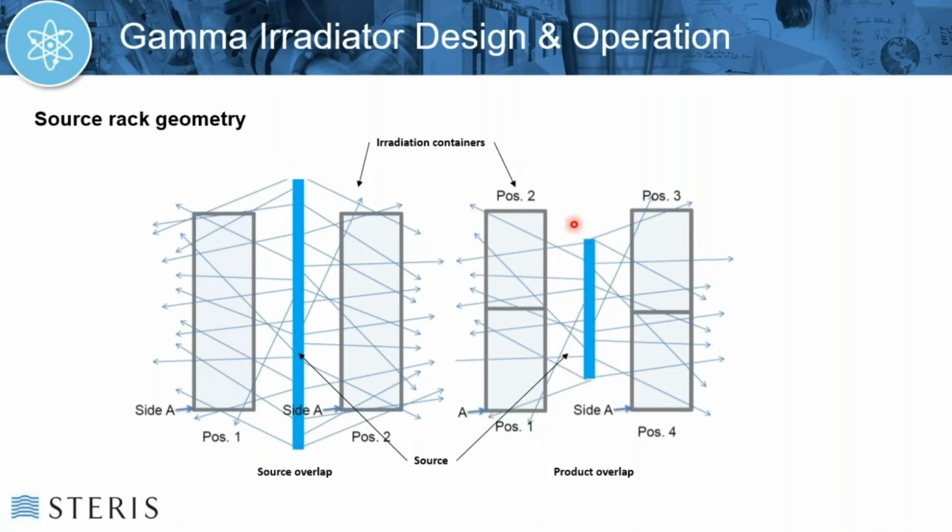Whereas a product overlap irradiator has more passes around the irradiator. It has to go through each of these 4 levels or sides, whereas on this one, it would only have to go through 2. But then you're making more efficient use of your cobalt because you're capturing as much of that gamma radiation as you can.